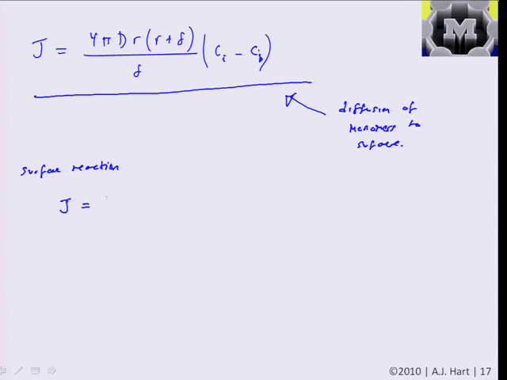The J due to reaction is just the surface area again, multiplied by a K, which is the rate constant of the surface reaction, multiplied by the difference CE minus CI.